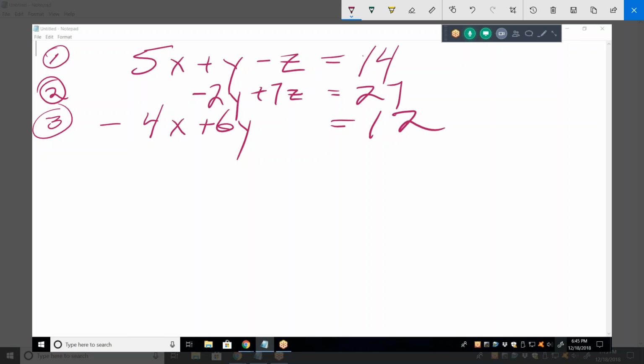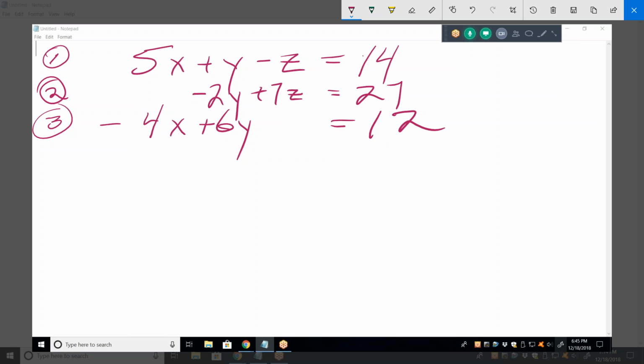Now, the goal here is to take 2 of these equations and eliminate a variable. Do whatever you have to do to eliminate a variable. And then take any other 2 and eliminate the same variable, so that you end up with equations 4 and 5 that only have 2 variables in them because you've eliminated a variable.